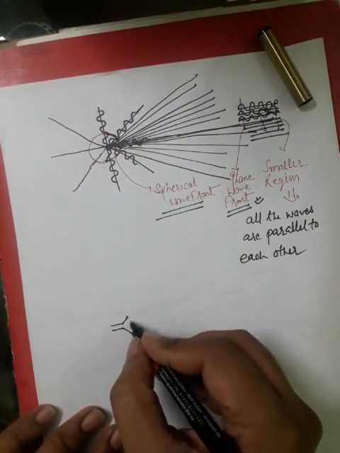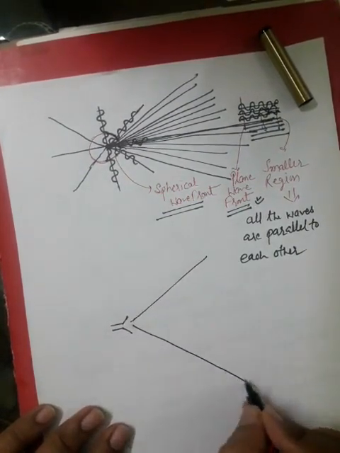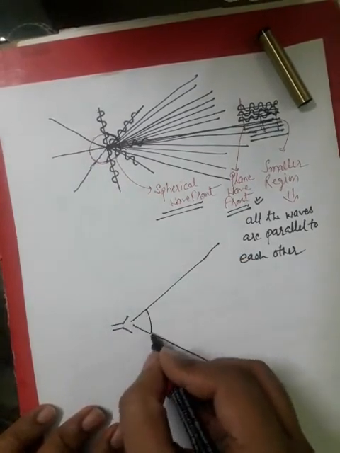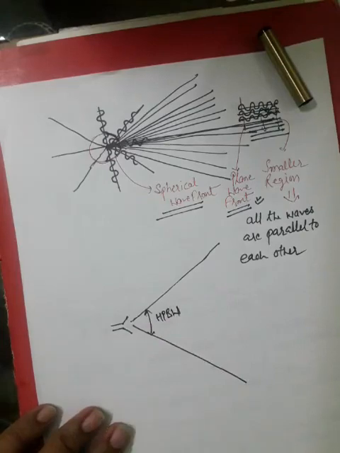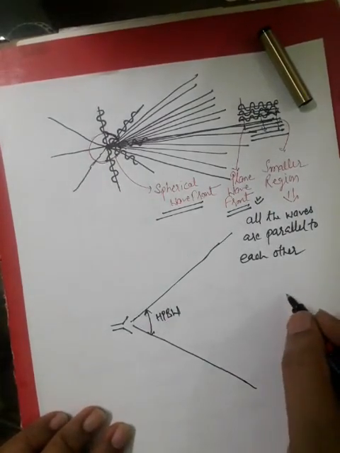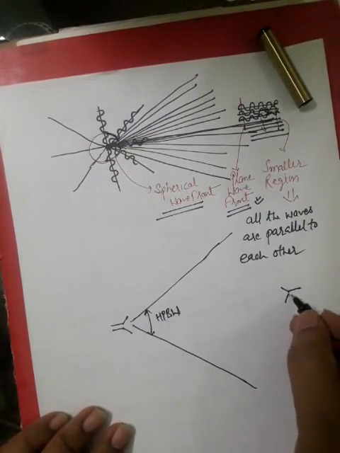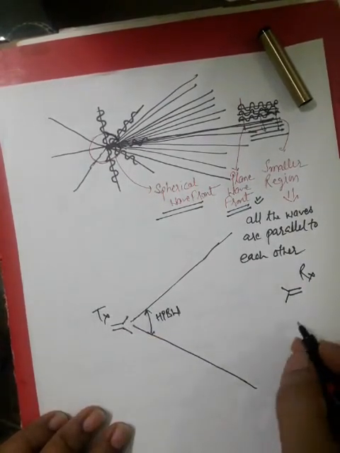and suppose this is the half power beam width in which it is transmitting the wave. Now in the far field region, suppose my receiver antenna is located at this particular point.